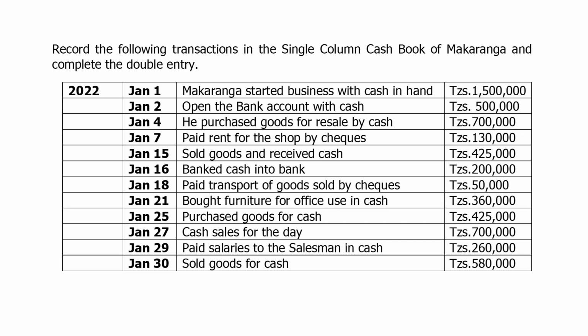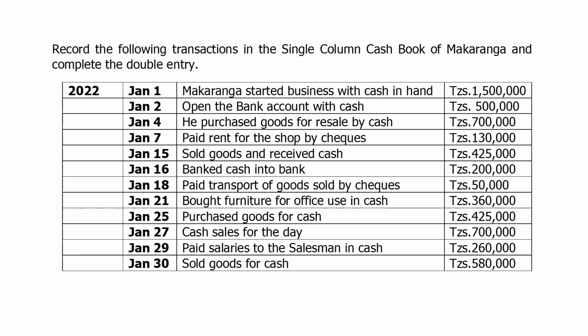Record the following transactions in a single column cash book of Makaranga and complete the double entry. Makaranga started a business with cash in hand of 1,500,000. Opened a bank account with cash, 500,000.